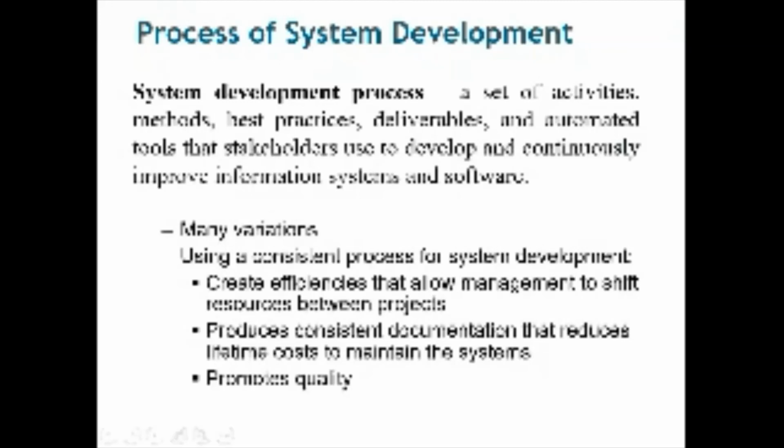So there is a shift of resources between projects. Most of the resources are used by different technology, and it produces consistent documentation that reduces the lifetime cost of maintaining the system and promotes quality. So these are the three major benefits of a consistent process for system development, right?